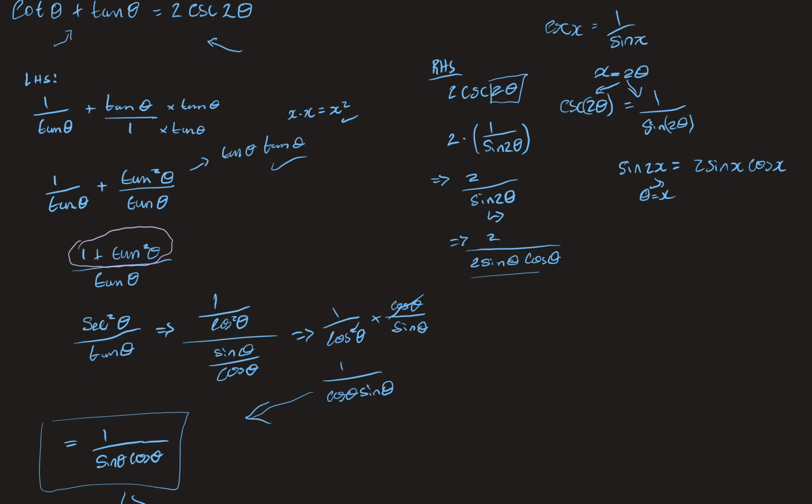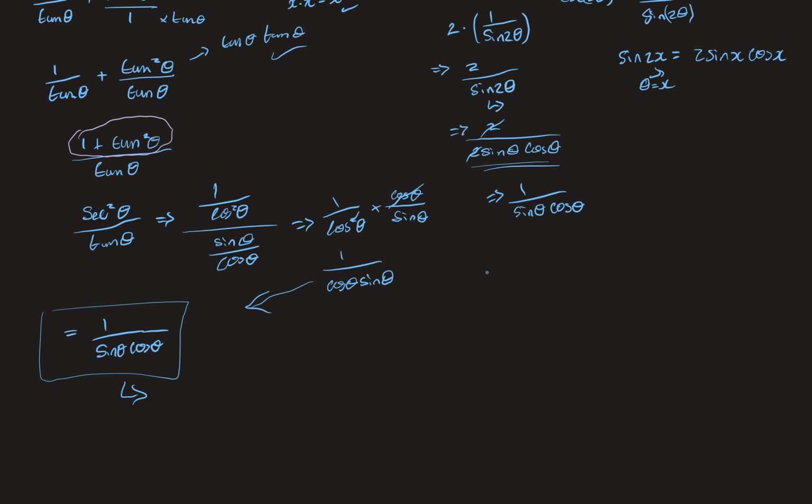So what does this become? The 2's cancel. This becomes 1 over sine theta cos theta. And does that equal the left hand side? Yes, it does. So left hand side equals right hand side. Therefore, QED.